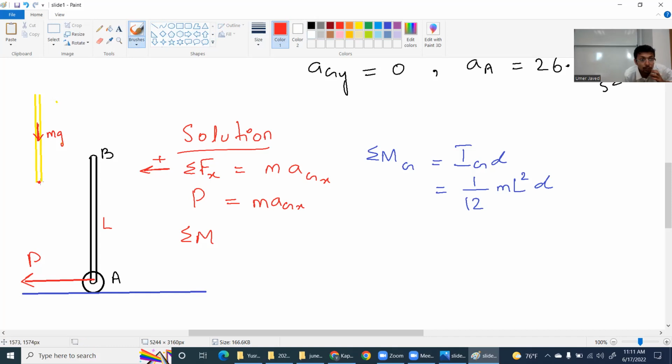Our normal force here is acting upward. And then we have the P force that is acting towards the left.